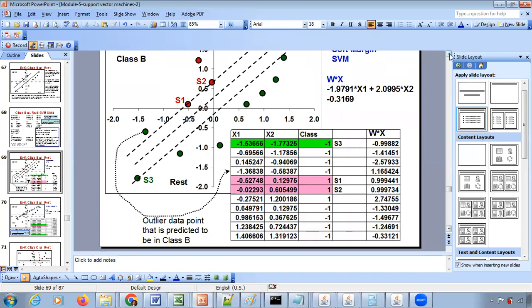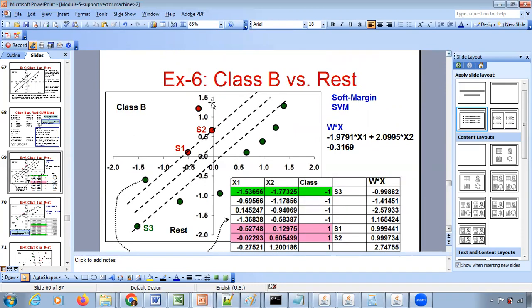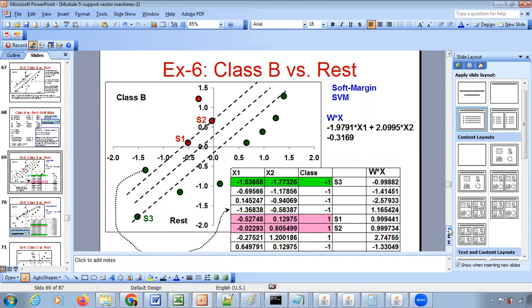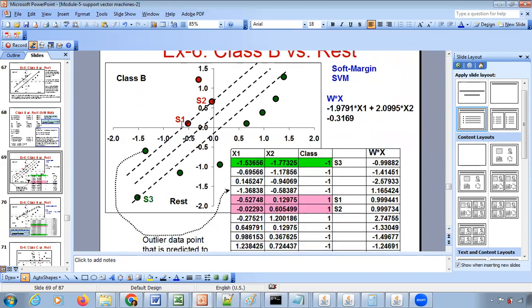And for the red class, the decision boundary is Wx equals 1. And anything above that will be Wx greater than 1. And that's what we're seeing here for this green data point, which we are treating as an outlier belonging to the red class: we get Wx greater than 1. Okay, so that's justified. And then for these two red data points, S1, S2, we get Wx to be almost 1 as expected. And for this data point, we get 2.74755.